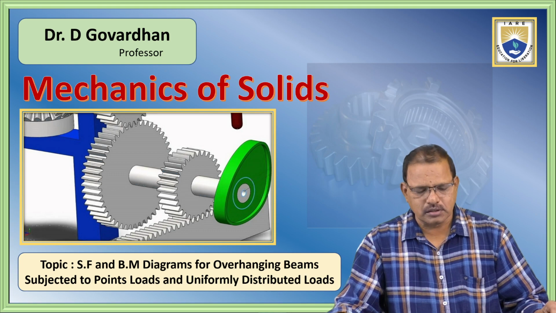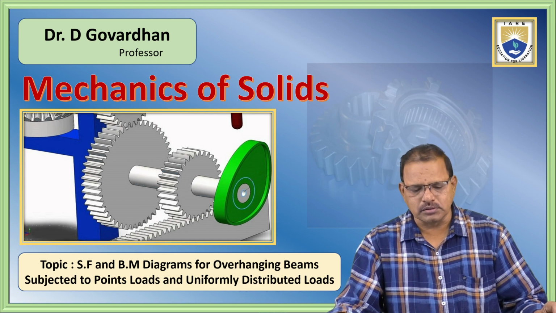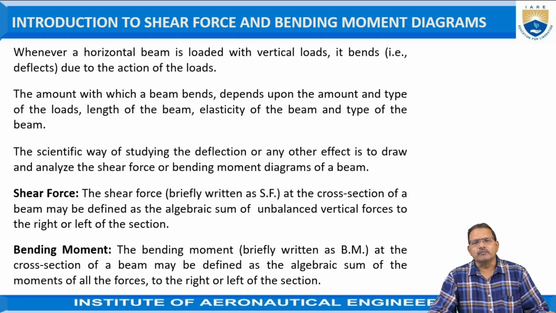Today, we discussed shear force and bending moment diagrams for an overhanging beam subjected to point load and uniformly distributed load. When a load, particularly a vertical load, is acting on a beam, it bends or deflects because of the action of the loads.